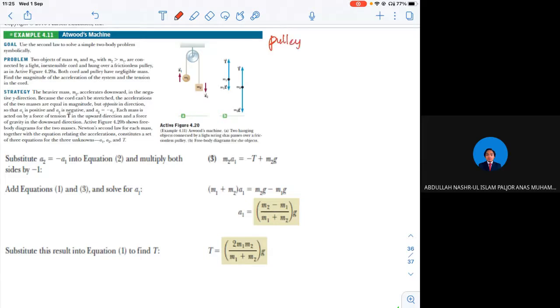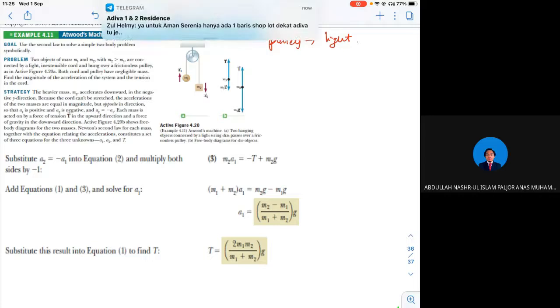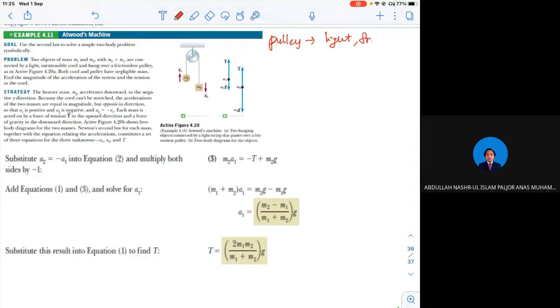This pulley should be light. Remember, frictionless. And also the cord must be light and inextensible.